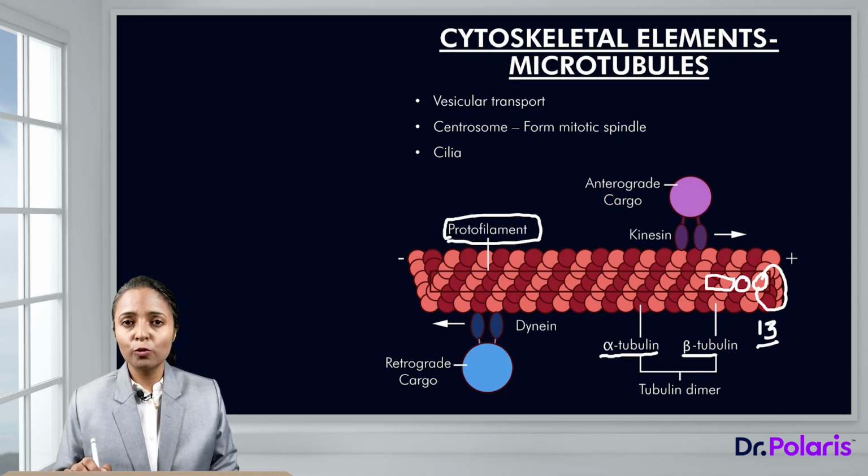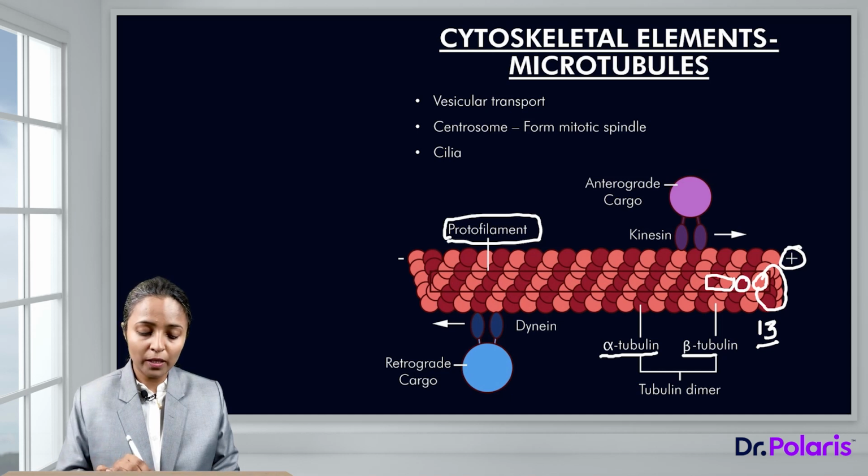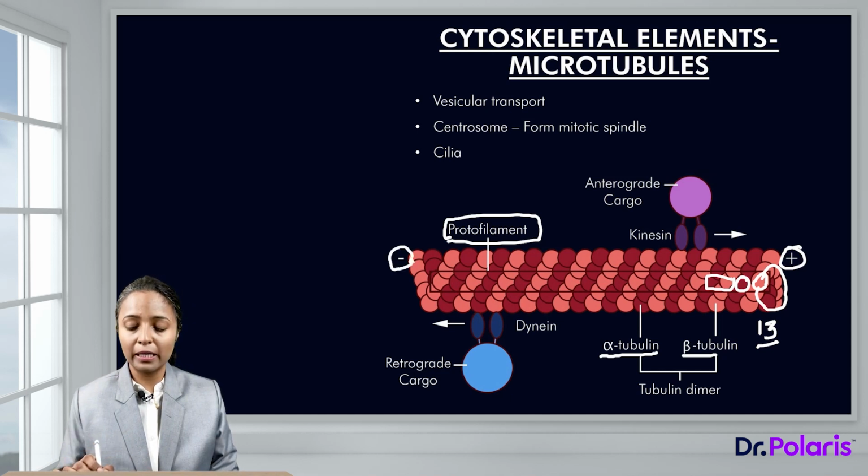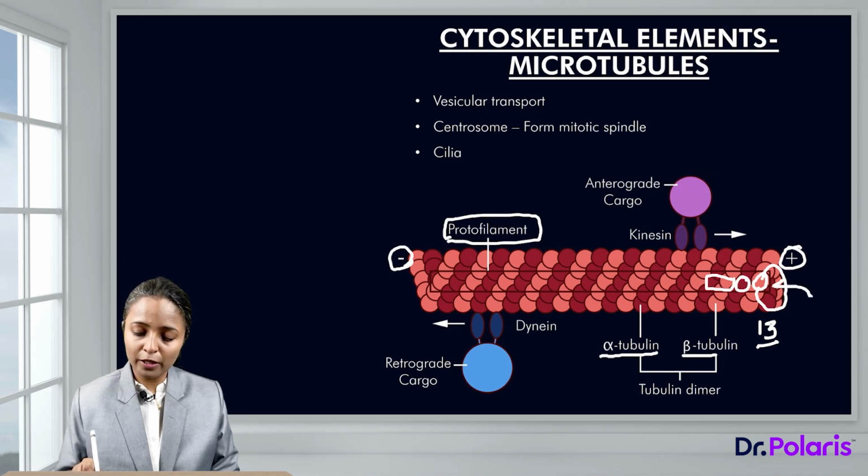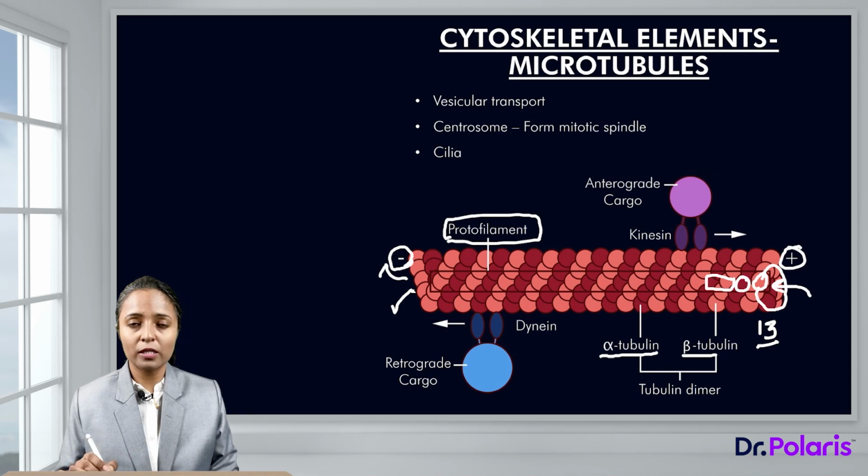Now these microtubules can grow at one end, which is known as the plus end, and they decrease in size from the other end, which is known as the minus end. So more alpha tubulin, beta tubulin units bind to this end, while from the other end they get dissociated. So that's how there can be growth of microtubules on one side, while it degrades from the other side.